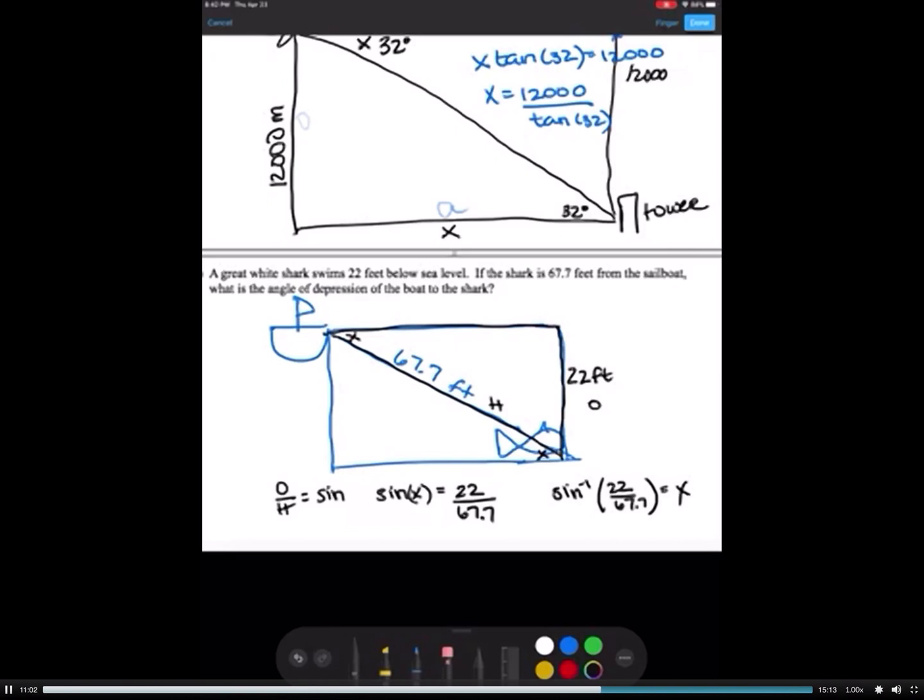And you should get 18.96. So if I'm rounding to the nearest degree, I would say 19 degrees. If not, I could say 18.96, depending on how specific I want to be. Either 18.96 or 19 degrees.